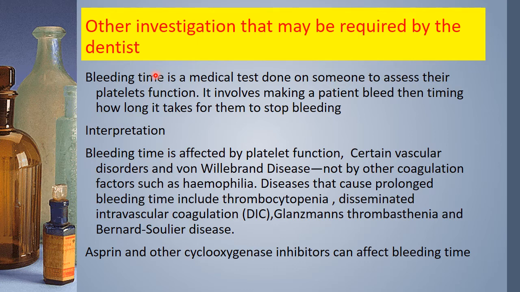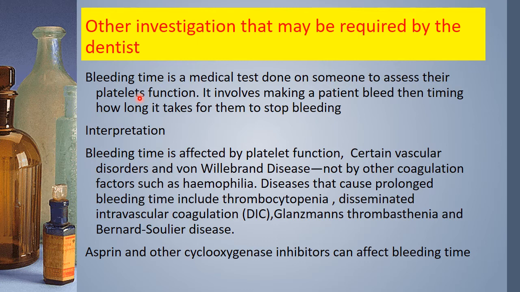Sometimes vascular disorders, for example von Willebrand disease and hemophilia, may prolong the bleeding time. In addition to thrombocytopenia, disseminated intravascular coagulation, essential thrombocythemia, and another disease, for example Bernard-Soulier disease.